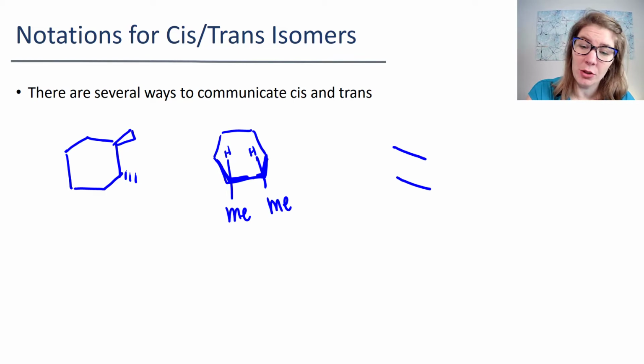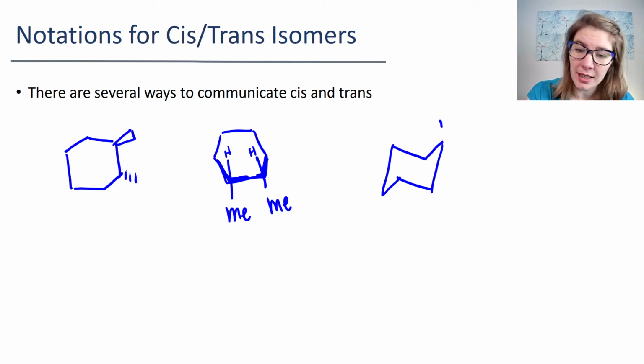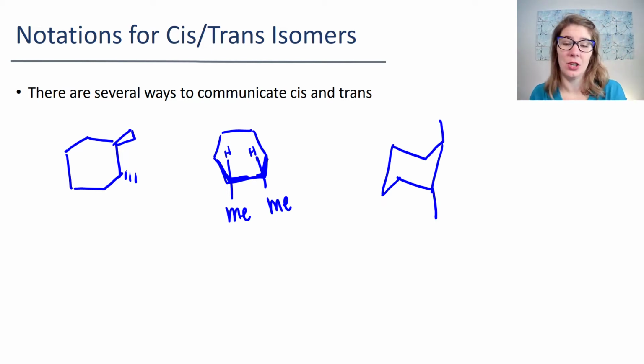So if we go back to the world of chair conformations, when we talked about ups and downs, here is axial up, here's axial down. This is another way to communicate that we have a trans chair, because this one is up and this one is down, and that is opposite from one another.